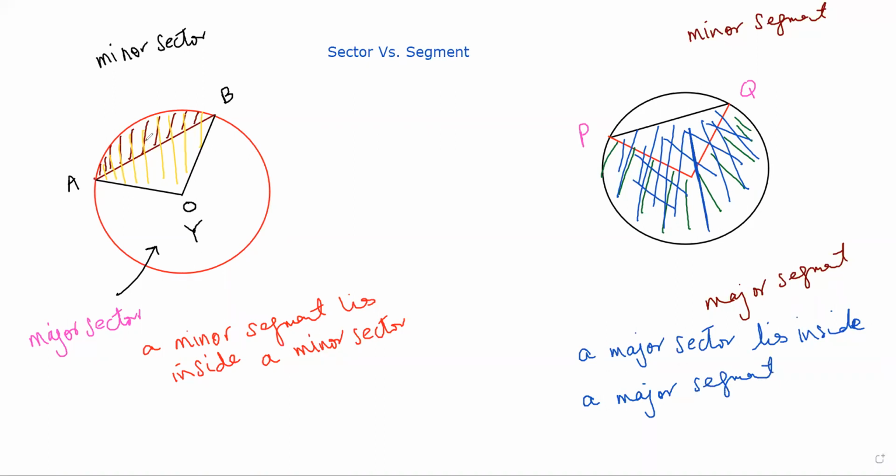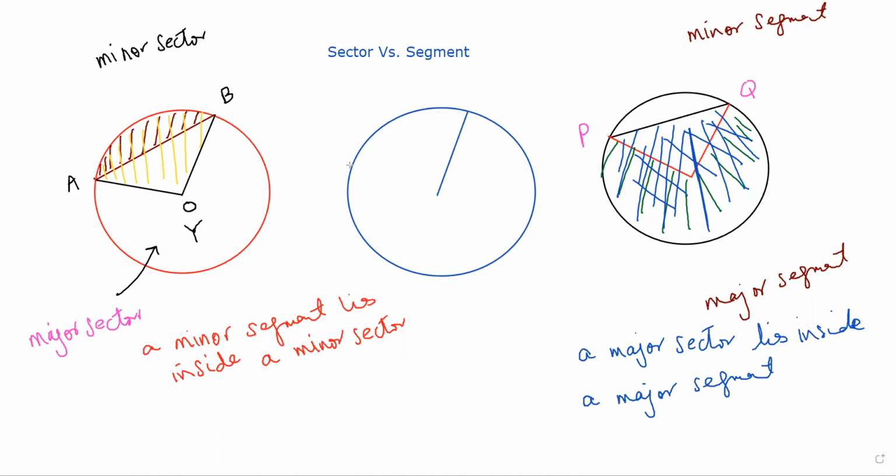The minor segment lies inside the minor sector, while the major sector lies inside the major segment. Now I have to tell you how to find their areas. Basically, when you call them the major sector or the minor sector, that is because of the angle that they have at the center.